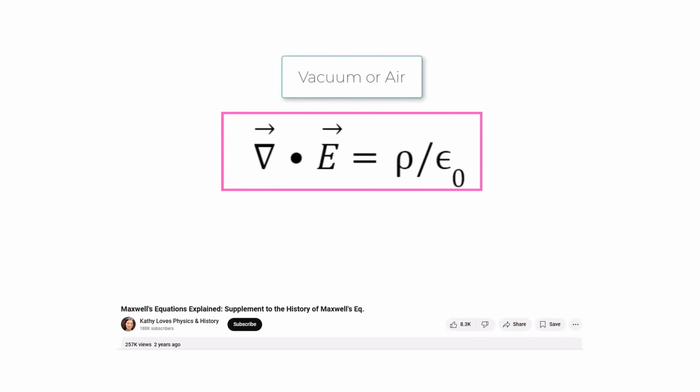I literally just want to go back in time and yell at myself. No, we can't replace E with D over epsilon as if it was universally true when it isn't true inside a conductor and it isn't true if the magnetic field is changing. And no, we don't replace all our epsilons with epsilon naught because the situation of a vacuum or air at room temperature and pressure is so common that often we are given Maxwell's laws for that case as if it was universal.